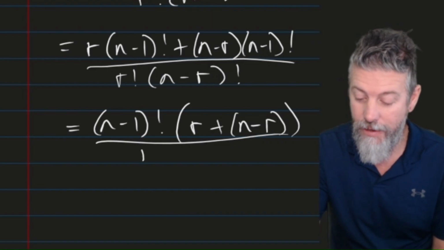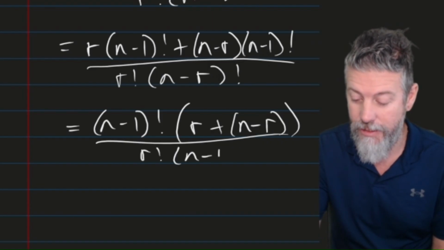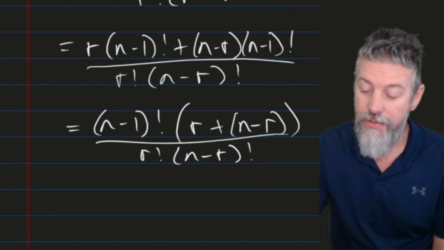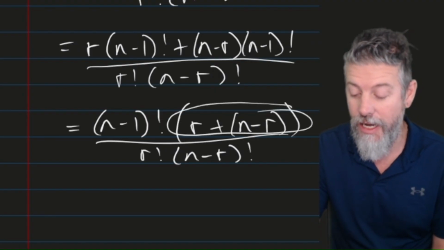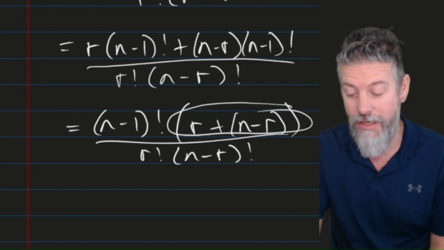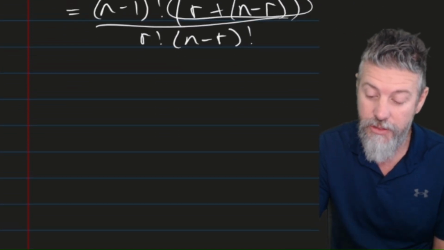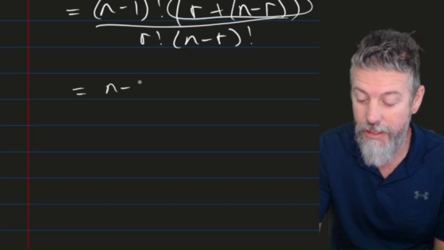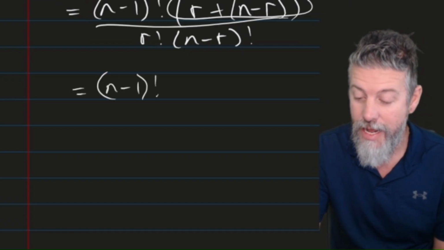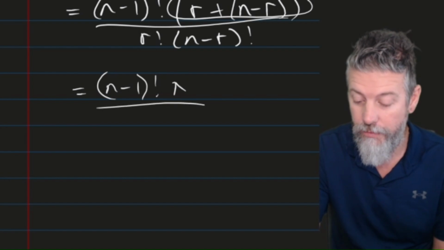So now we get r factorial over n minus r factorial on the base still. And this term here has got r plus n minus r. So r plus minus r is going to cancel. And so we're just going to end up with n minus 1 factorial n over r factorial n minus r factorial.